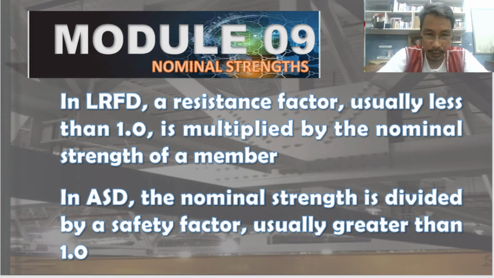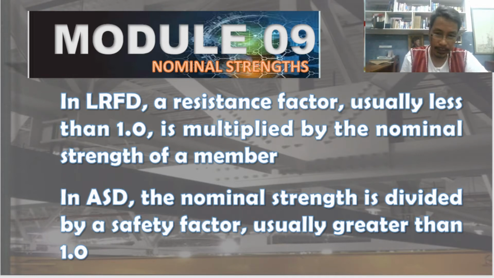While in ASD, or allowable stress design, the nominal strength is divided by a safety factor usually greater than 1.0. Since in ASD the safety factor is a divisor, it is bigger than 1.0. That is the opposite of what is happening in LRFD.